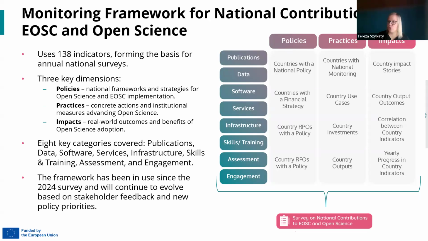And in each of these categories, we ask different questions, as you can see in the full version of the survey. This framework has been used since 2022, and just last year, in 2024, we updated it with the impact section. So this is the one key framework that we are using.